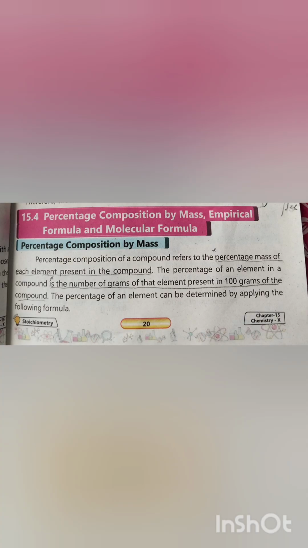The general mathematical formula for percentage composition by mass is used to calculate the mass present of any element in a compound. We use the following relation, which states that the percentage of an element is equal to the mass of the element in a compound divided by the formula mass of the compound, into 100.